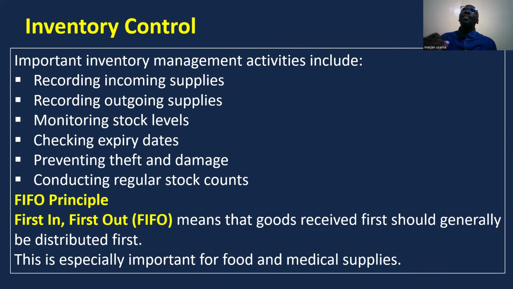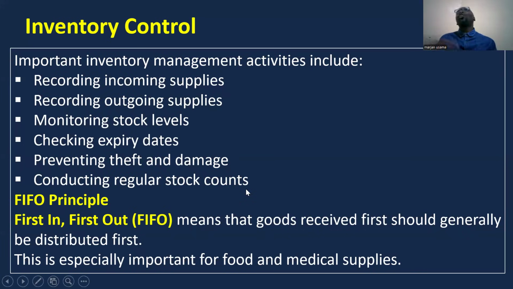If the expiry date is close, you have to ensure that the supplies are going out quickly. Because if they stay there, it's going to be israf. We are going to throw all those things. Then preventing theft and damage. We have to ensure that as sarika, people don't steal, and the goods inside the warehouse are not damaged.